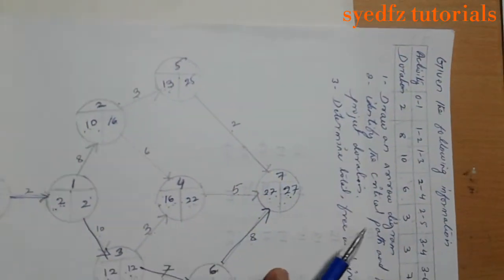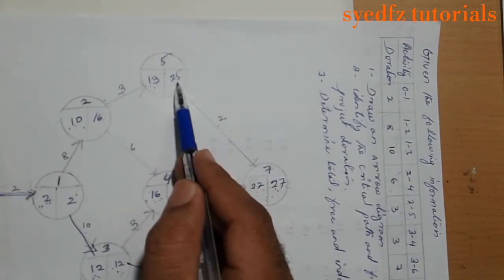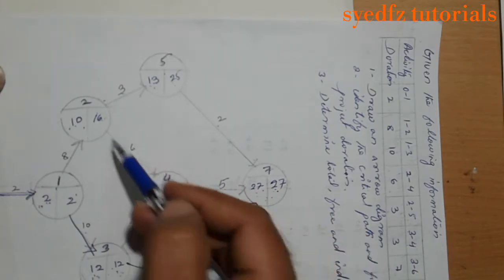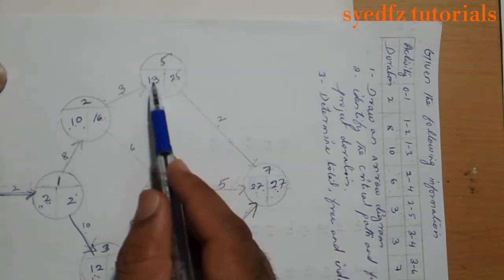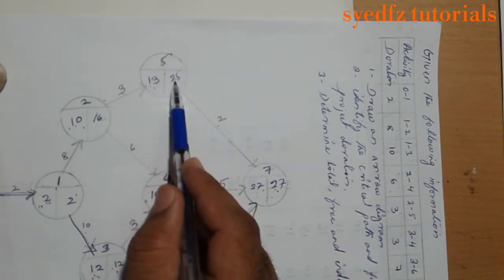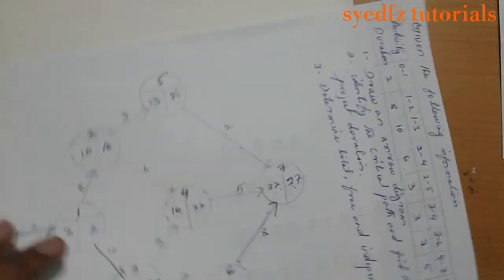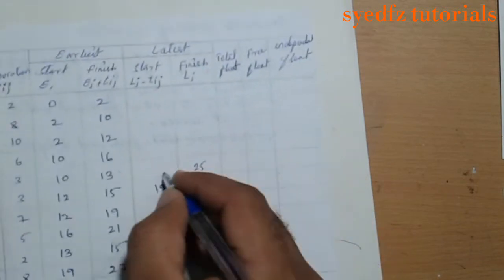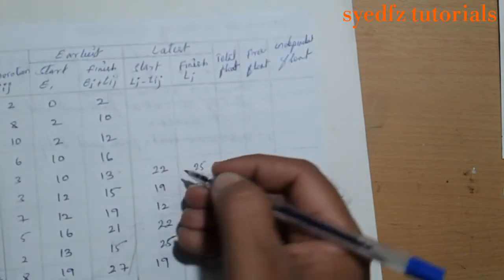Then the activity 2 to 5. Here finish on 25, minus 3 we get 22. We came from here, but we have to take this one.